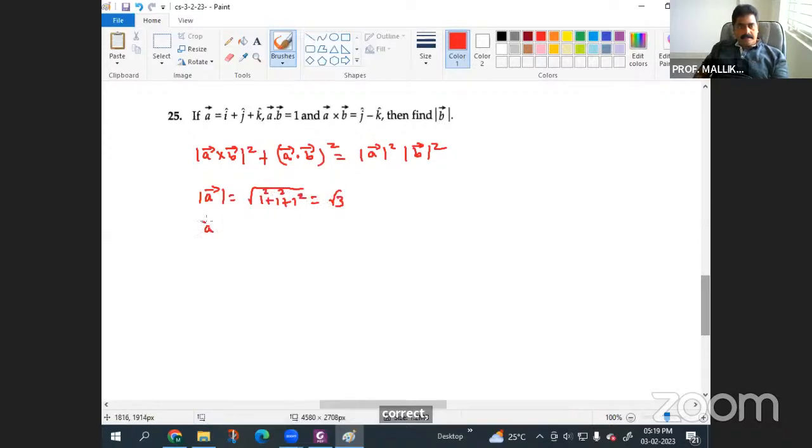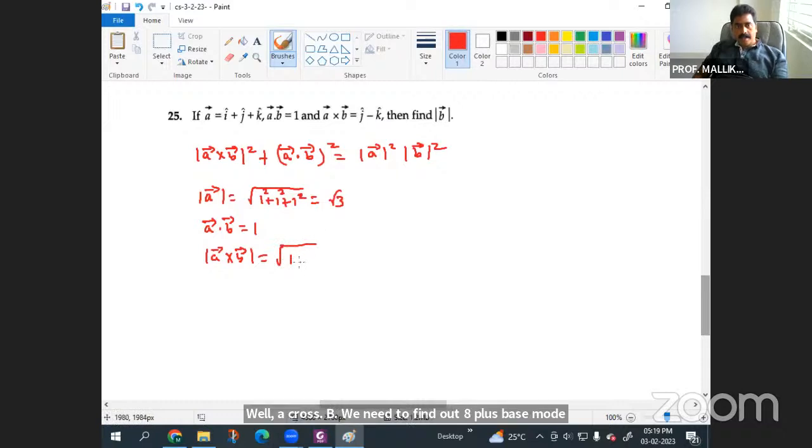A dot B is given as 1. A cross B we need to find out. Mod of A cross B, with components I 0, J 1, K 1, equals root 2. Then what do we require? Mod B is required.